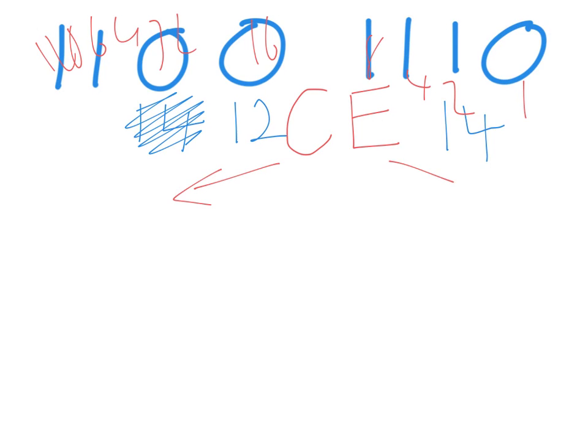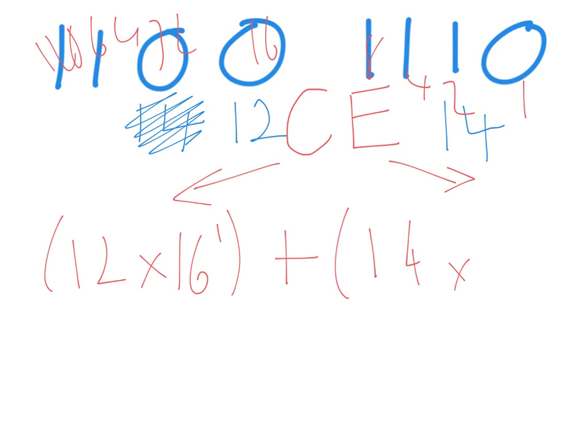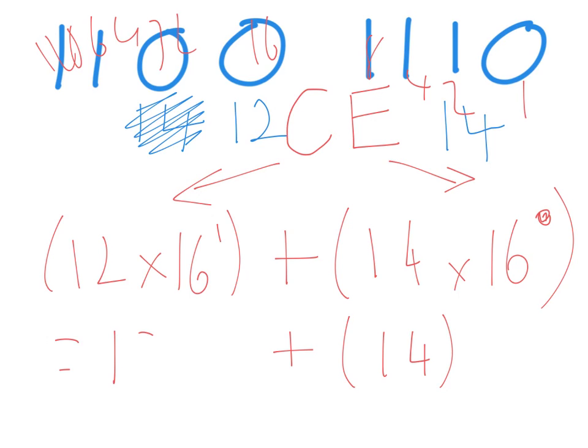It's 12 times 16 to the power of 1, plus 14 times 16 to the power of 0, because it's base 16. The same principles as binary apply. 12 times 16 is 192, plus 14.